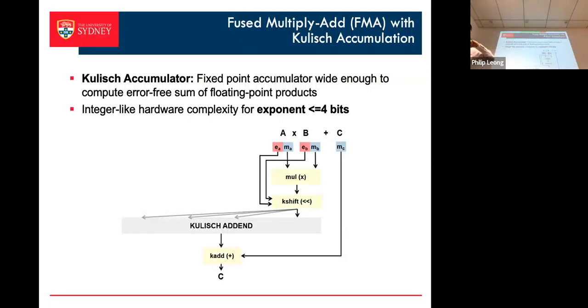This gives us a number of very nice properties for our number system. For example, we will get the same answer for a block as you would using IEEE 754. I'll talk about that a little bit more later. And when we have a small number of exponent bits, that means that we don't need a big shifter, and that leads to an efficient FPGA implementation.